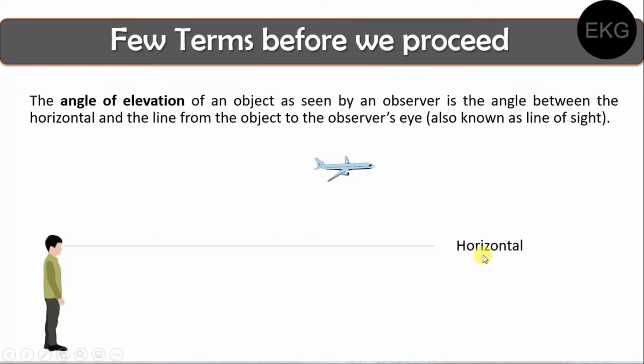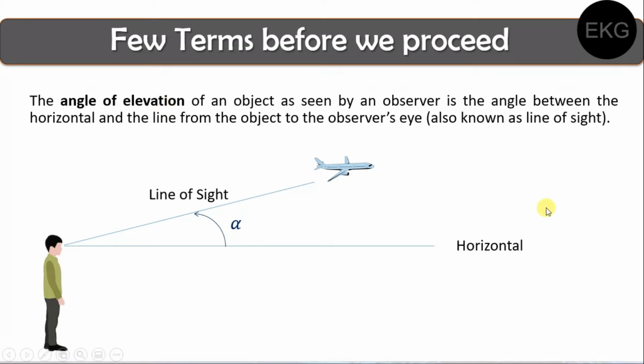Okay? Horizontal, and the line from the object to the observer's eye, also known as the line of sight. Okay? So, the angle between these two, from the horizontal to the line of sight, this alpha, is what we call our angle of elevation.